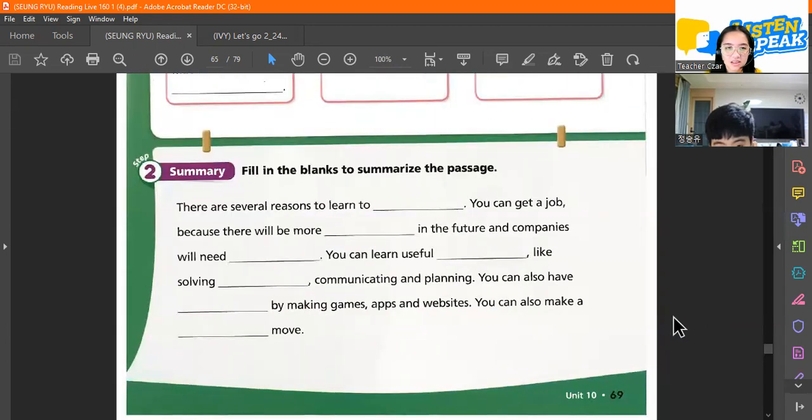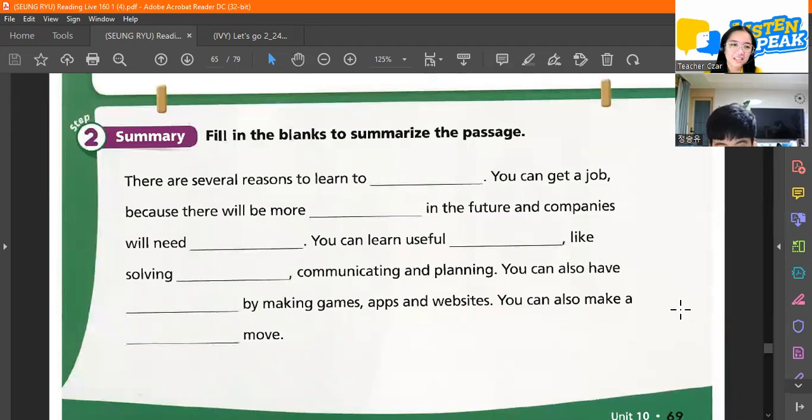Now we will have the last part of your book, the summary. Here we need to fill in the blanks to summarize the passage. Are you ready? Yes. There are no choices here. Let's start.